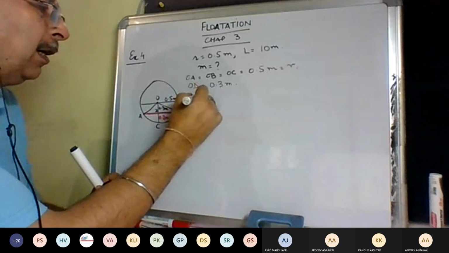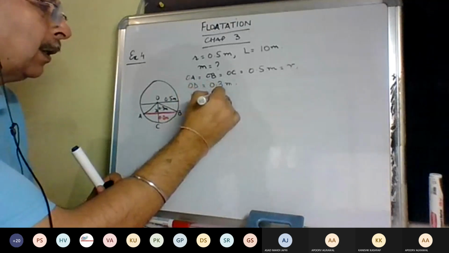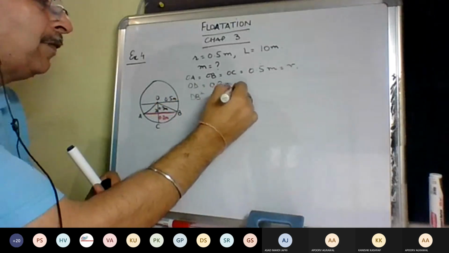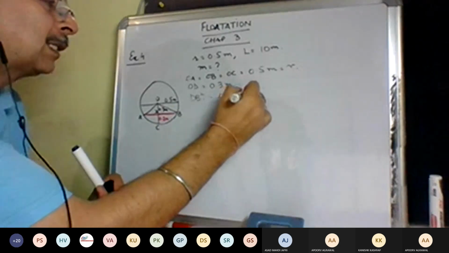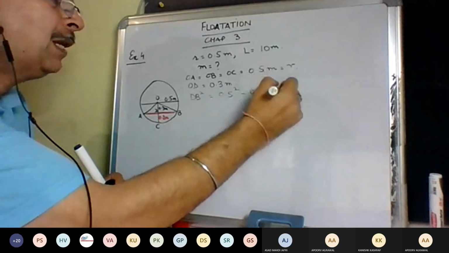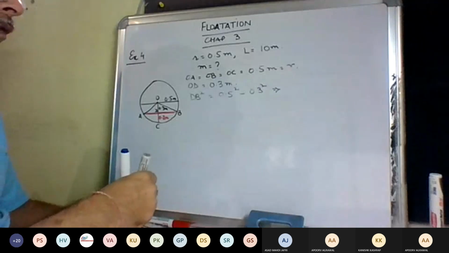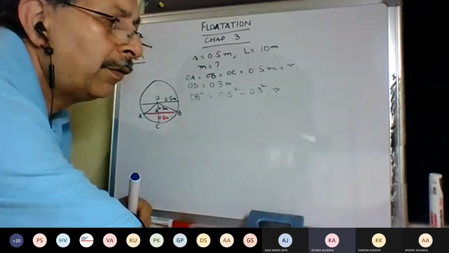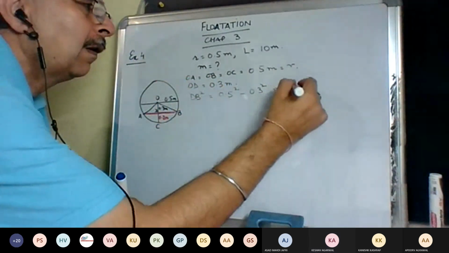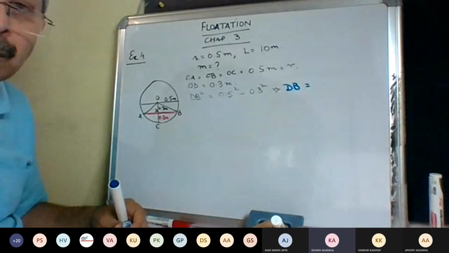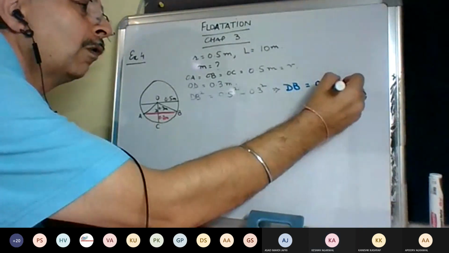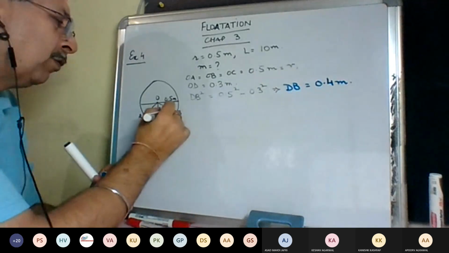So DB square, Pythagoras theorem, is equal to 0.5 square minus 0.3 square. Is this okay with everybody? Yes, sir. All right. So find out DB. Sir, 0.4. So DB is 0.4.